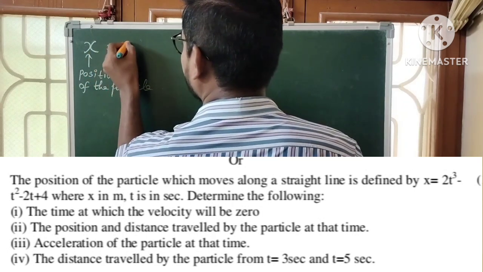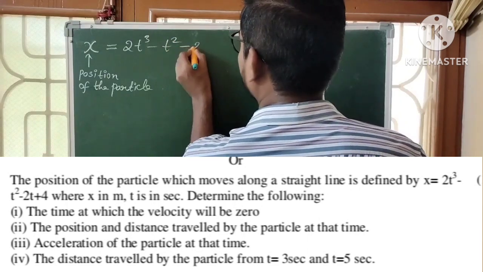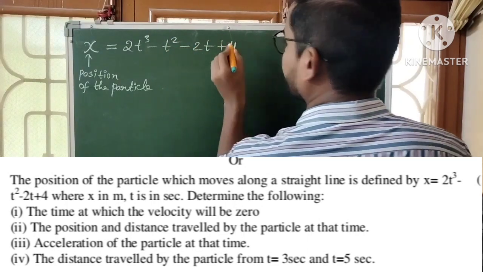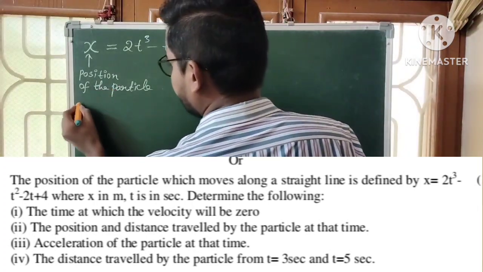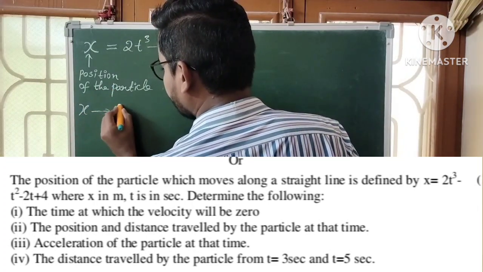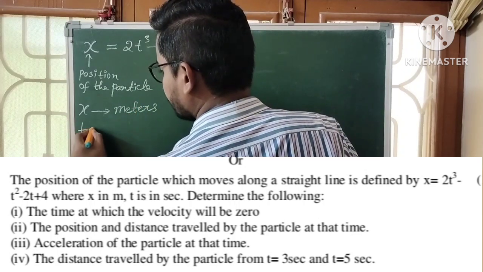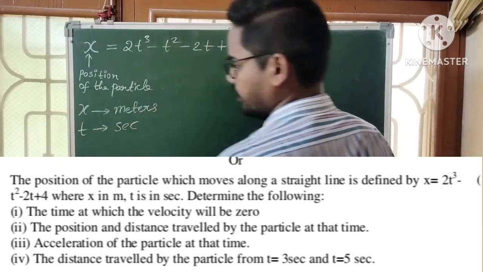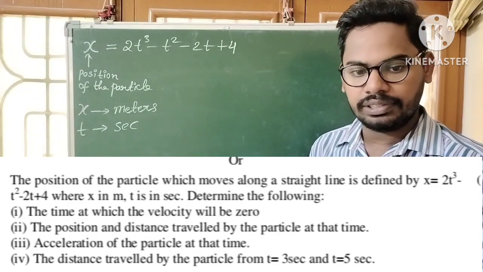So x = 2t³ − t² − 2t + 4. Here position is measured in meters and time is measured in seconds.